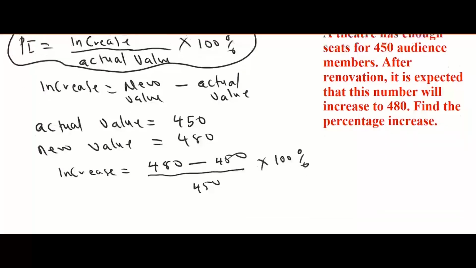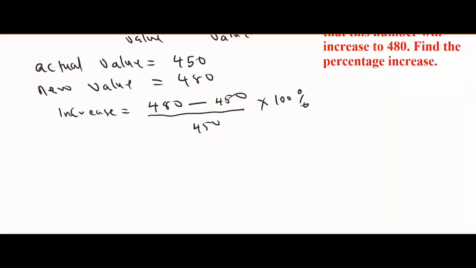So let's scroll down a little bit. If you do 480 minus 450, that will be 30 out of 450 times 100%. So if you press your calculator, this will surely give you 6.67%. So that is the percentage increase.